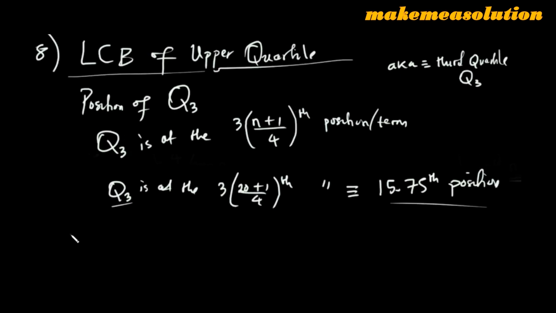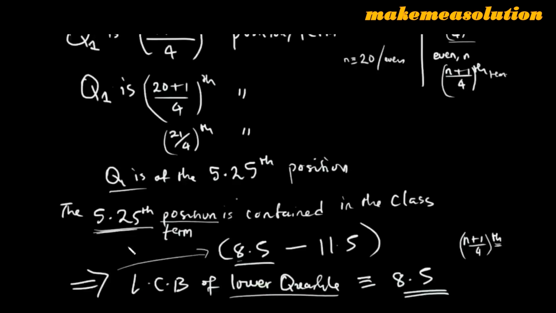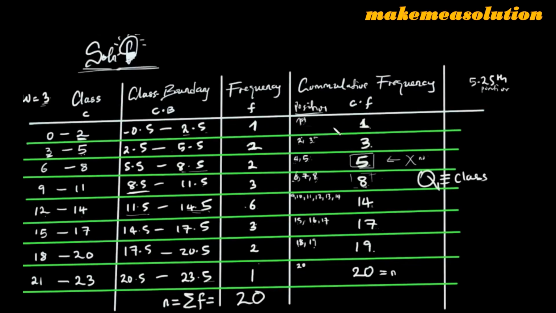So I'll now ask myself, the 15.75th position is in which class? Where is the 15.75 term lying? You can follow your cumulative frequency column to find it out.